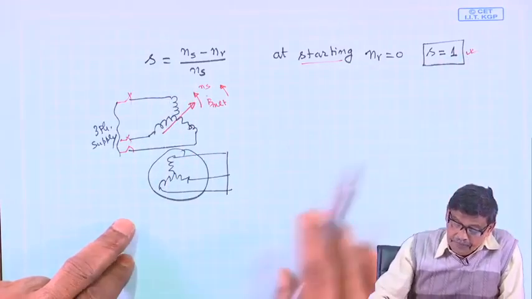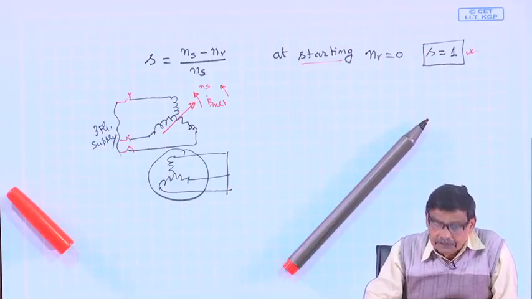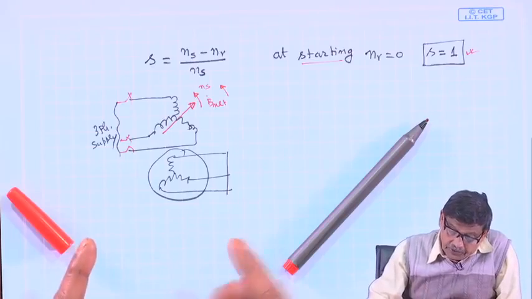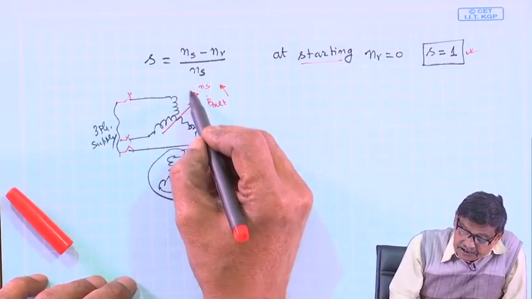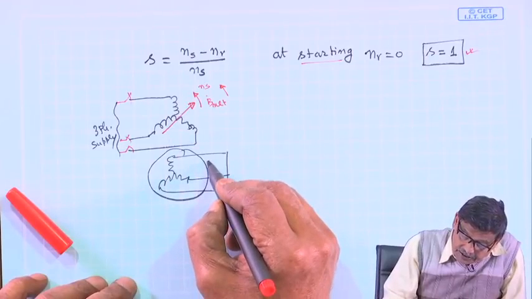Then we have learned motor will start rotating. In which direction it will rotate? If your stator field or B net is moving in this direction, rotor will start moving, Nr.